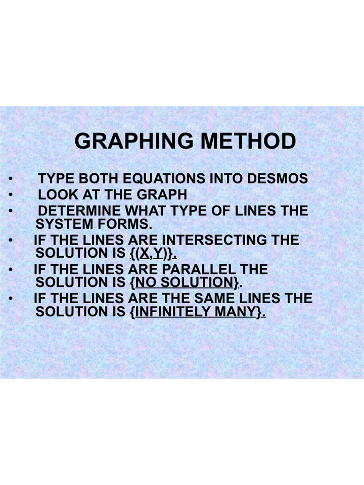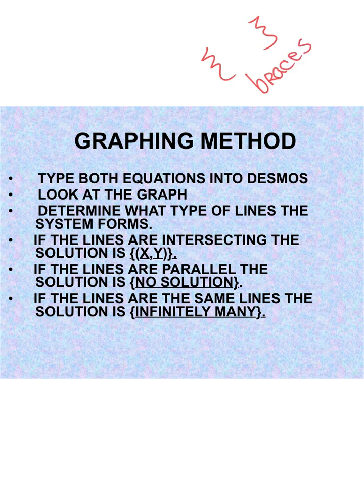All right, in the graphing method, we're going to type both equations into Desmos. We do not have to solve for y. You look at the graph and you determine what type of lines you have. If your lines are intersecting, your solution is going to be an ordered pair, and all of these must be written inside braces because braces indicate the solution set.